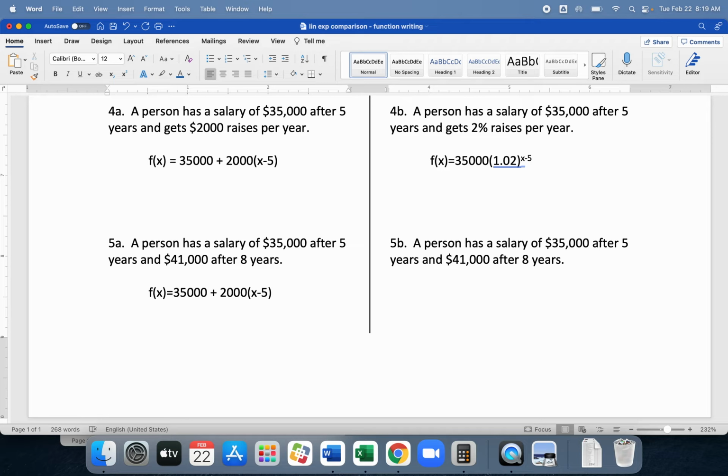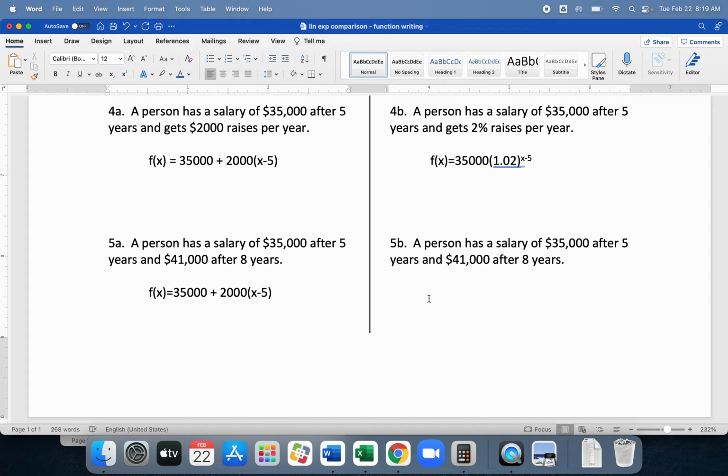This was our year 5 salary. We could work backwards 5 years to find our starting salary. If it's $2,000 a year, just subtract and work backwards. That's not too hard. That's $25,000 again, right? So it's really the same as the very first problem, 1A, just in a different form because we had different information. You don't have to simplify to a specific form.